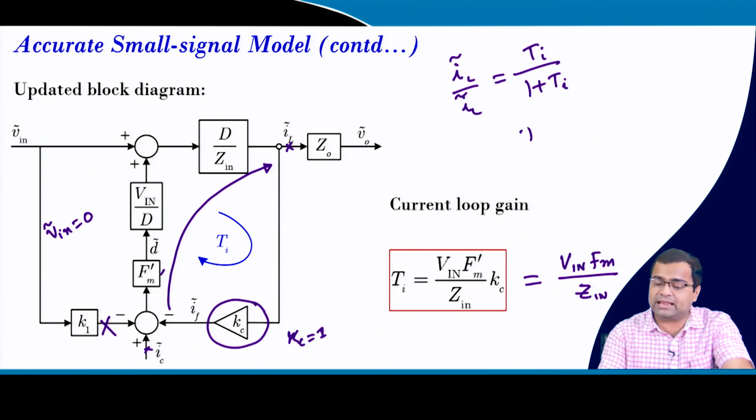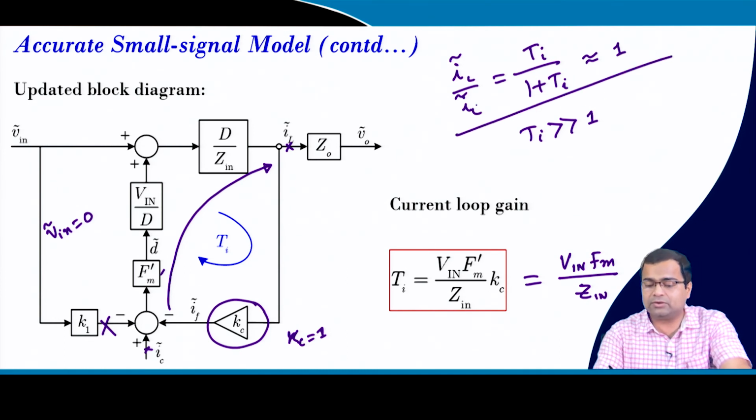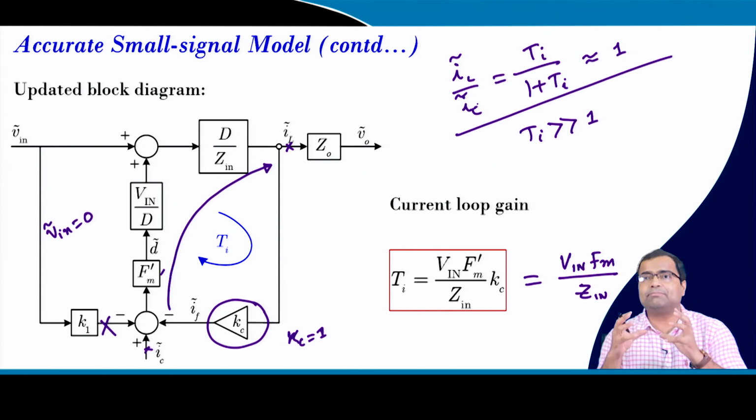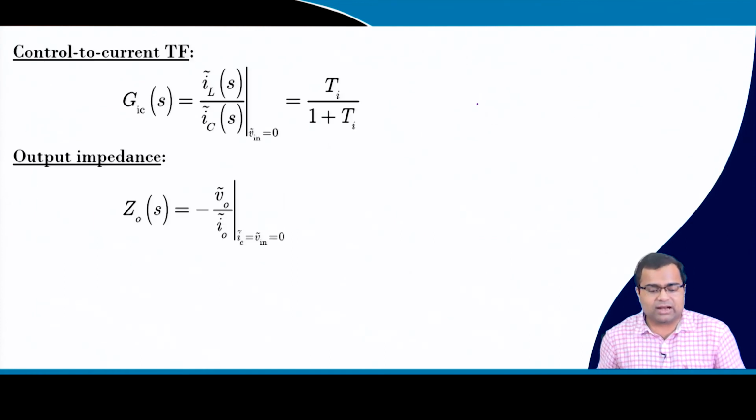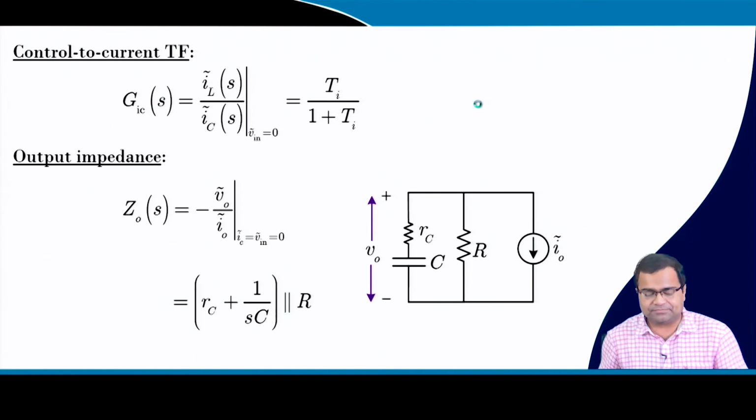Now, if Ti is very high, then this will be approximately equal to 1, and we started with the first order model where the IL perturbation is replaced by the IC perturbation, and that is correct as long as the current loop gain is very high. Okay. So, this is the output impedance expression.